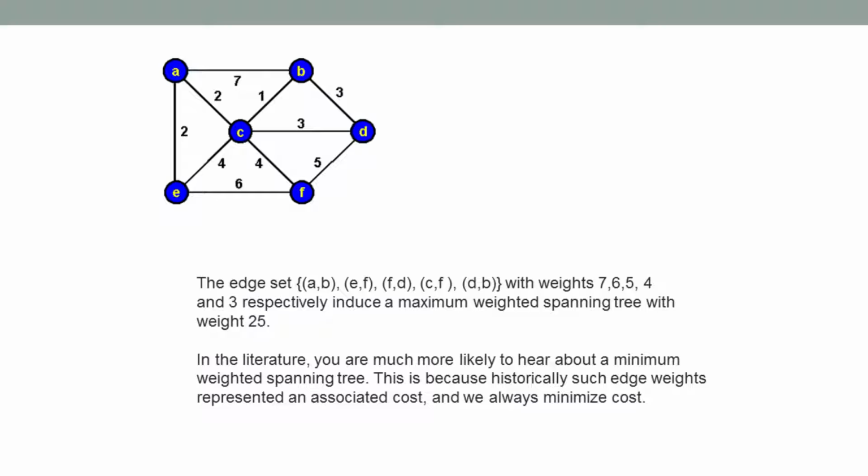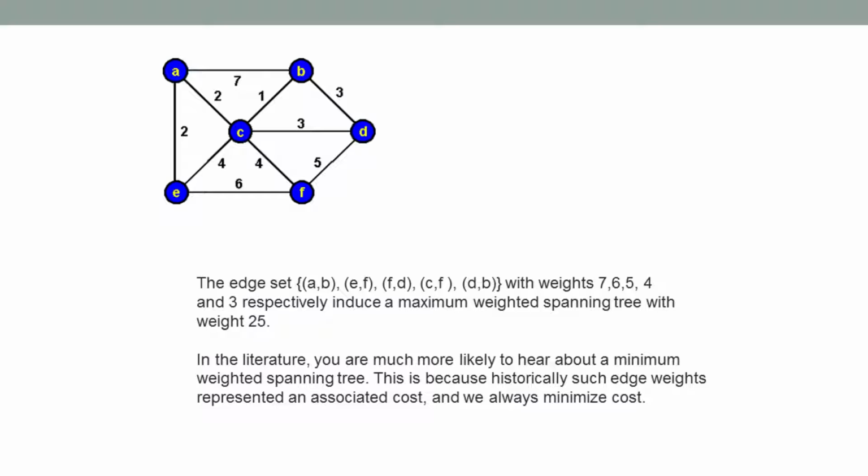So the algorithm stops at this point and it returns the tree with the 5 edges weighted 7, 6, 5, 4, and 3 respectively, giving us a total weight of 25. So any other spanning tree, the sum of the weights of the edges would be no more than 25.